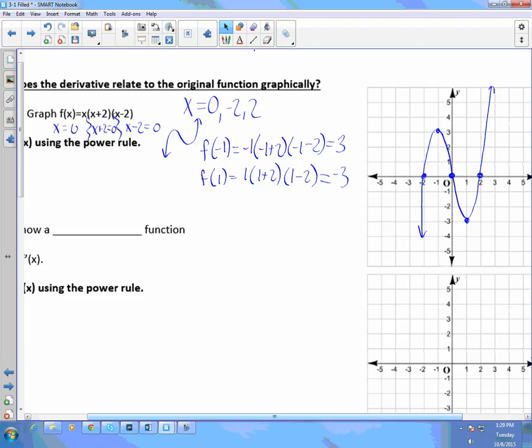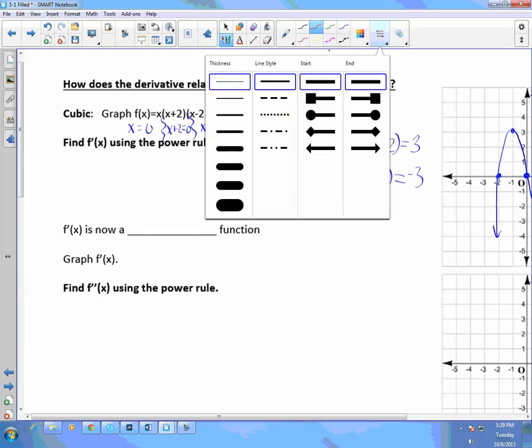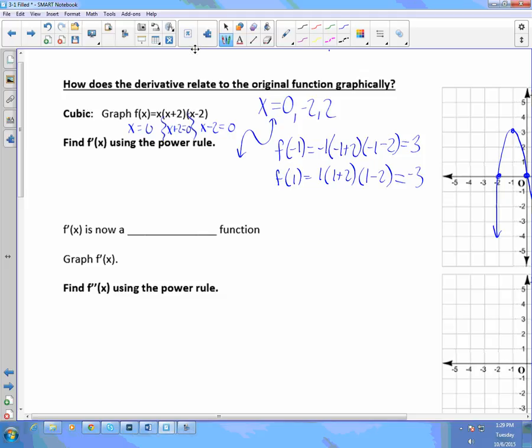These are what we call critical points. Okay, when you're done with graphing that, pick a different color, and we're going to find the derivative f prime of x.